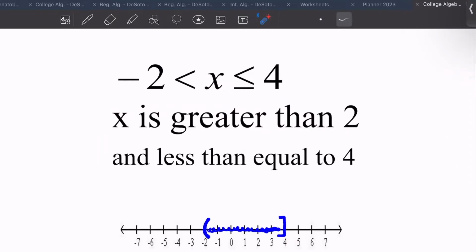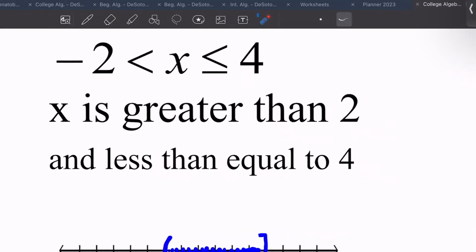Okay, so anytime you have something that looks like this, where x is in the middle, you need to think of a sandwich. You're going to sandwich x in between those two numbers. So if we need to put this in interval notation and we're talking about where it started and where it's going, it started at -2 and it went to 4 because it's in between those two numbers.